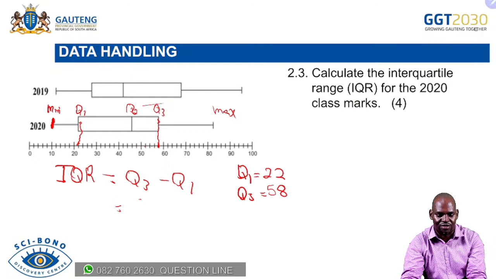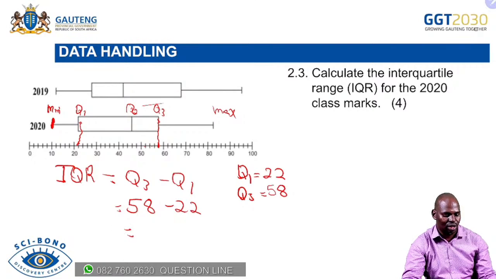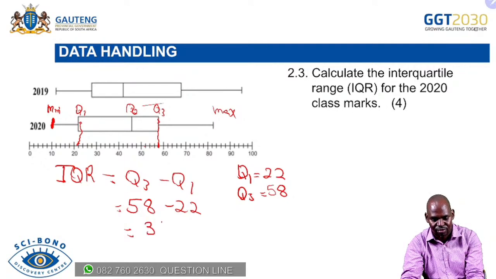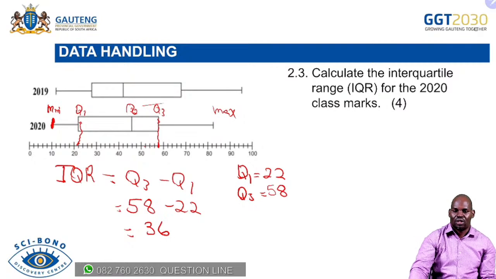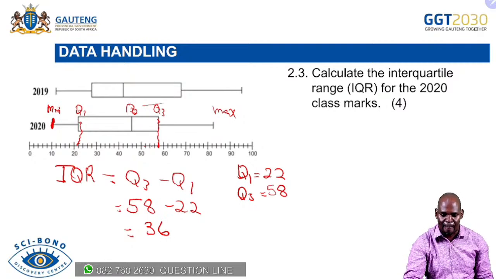So there we say 58 minus 22. Make sure that you use your calculator all the time. And then we get 36. There's the answer for number 2.3. Remember, for box and whisker, you will only be expected to answer questions based on box and whisker, not to draw it.